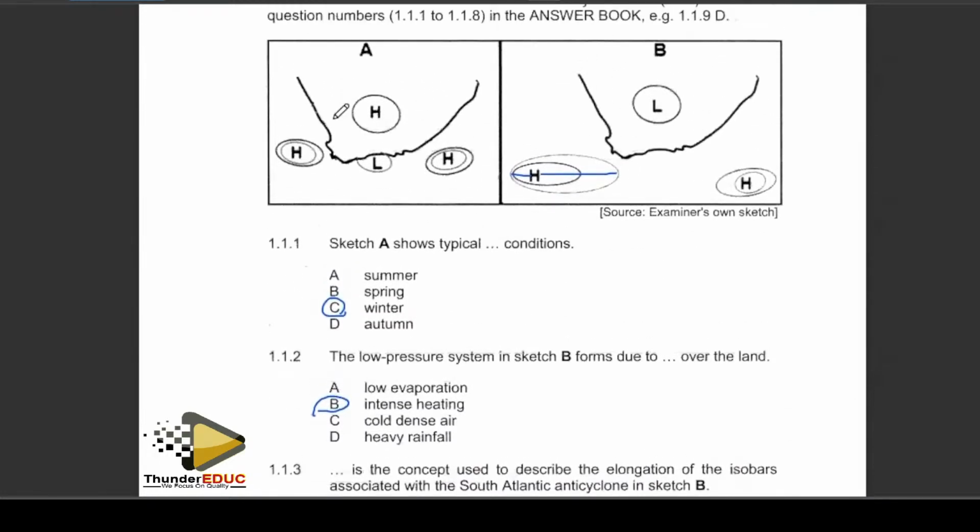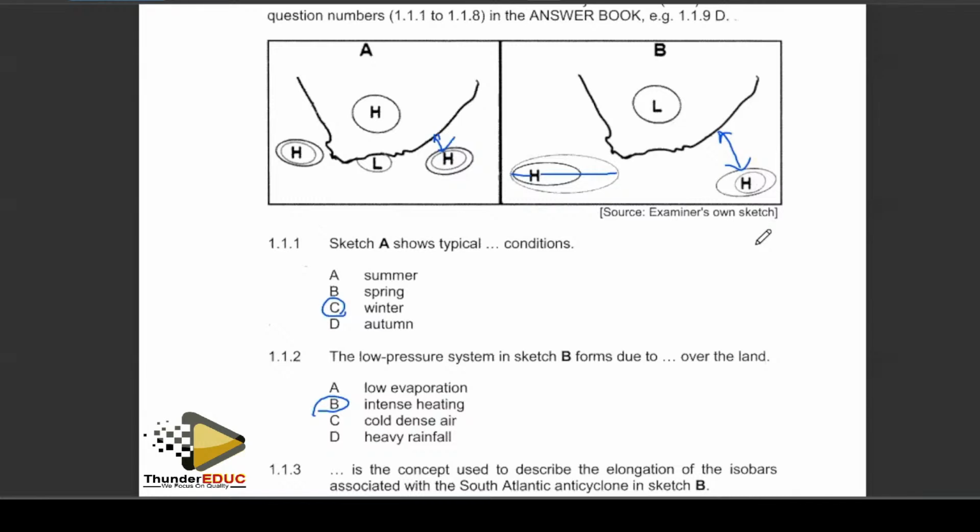In sketch A, the South Indian is just close to land, very near to the interior. But in sketch B, it's further away from the interior. So we are saying in sketch B, the South Indian is able to feed in more moisture on the eastern coast as compared to how it feeds in the position of sketch A.